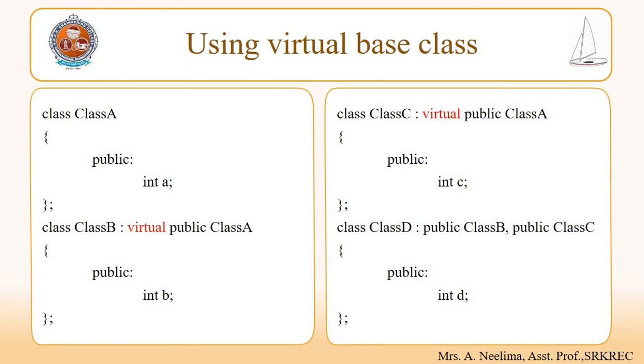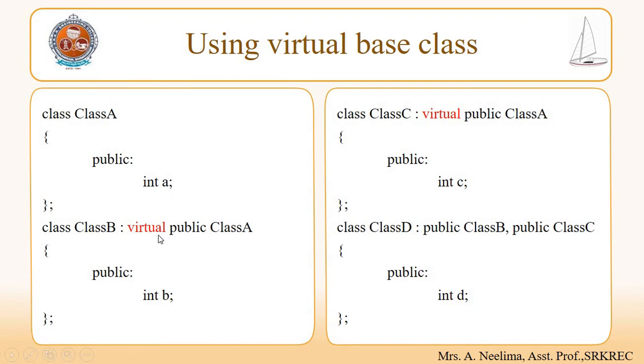So this is a program. Class A, in which I am just declaring A. Next, class B, which is a derived class, and here we are declaring it as virtual.